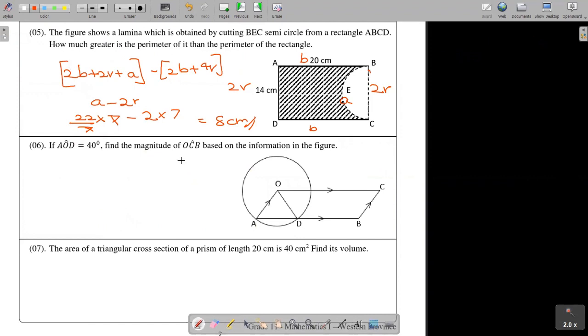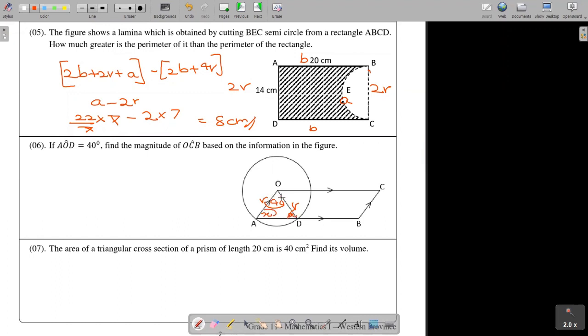AOD is 40. Find the magnitude of OCB. So this is a parallelogram, so you have to remember the properties of a parallelogram. If this is 40, this is radius, this is radius. So if this is x, this one is also x.